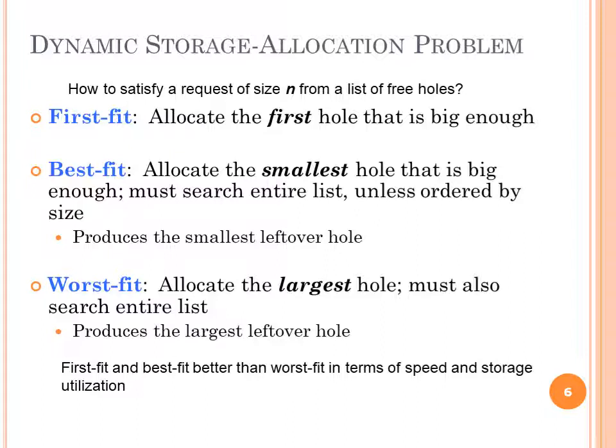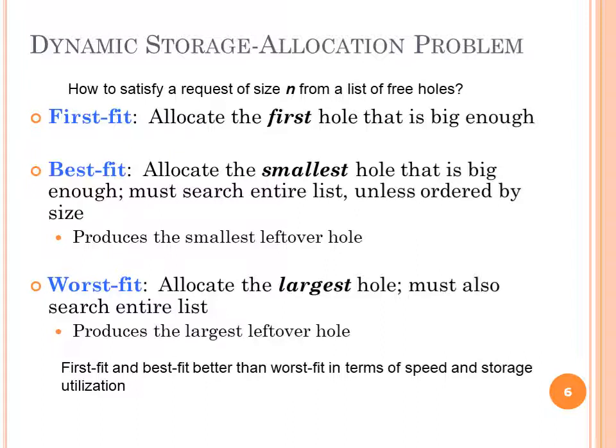In the next method, known as best fit, allocate the smallest hole that is big enough. We must search the entire list unless it is ordered by size. This strategy produces the smallest leftover hole. The third method is worst fit. Here, allocate the largest hole to the process.